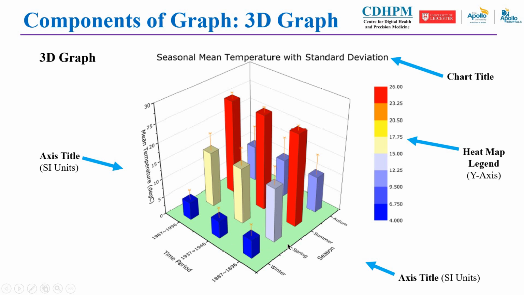Look at the spring. Compared to 1987, compared to 1937, and compared to 1887, there is a huge difference. Correct? You can say that in 1987, the temperature was close to 15 degrees Celsius, which is represented in a slight yellowish green color.